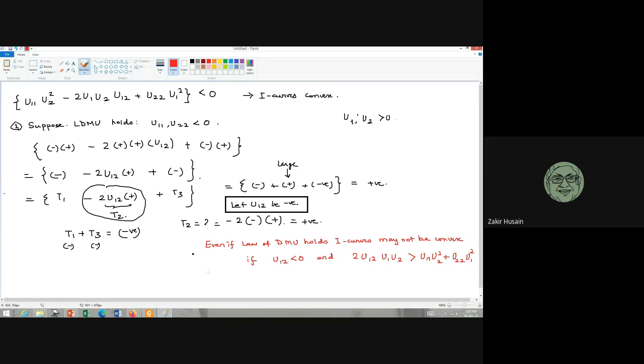So this implies that the law of diminishing marginal utility is not a sufficient condition for convexity.